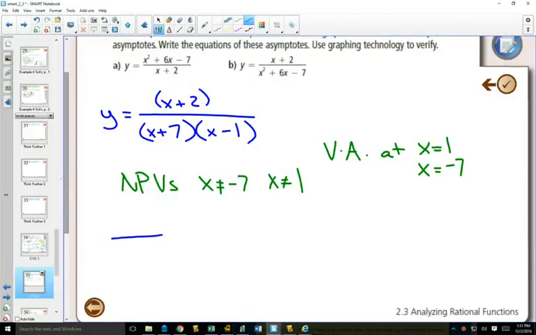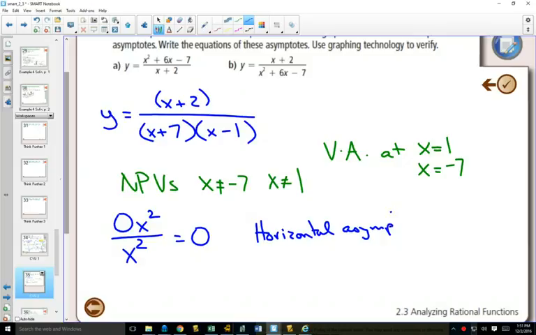Our highest degree is 2. We have 1x squared on the bottom and no x squareds on the top. What does this simplify to? 0. So we have a horizontal asymptote at y equals 0.